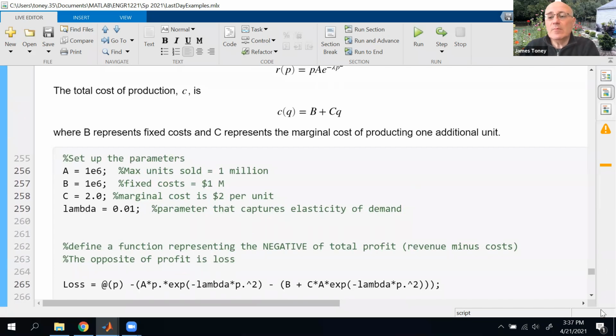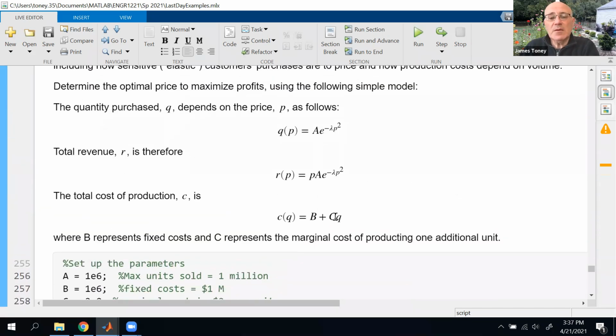And then there are marginal costs, incremental costs, things like direct materials costs. The more product you produce, the more materials you use, so the cost will go up. All right, so B is the fixed costs, and CQ is the variable costs.